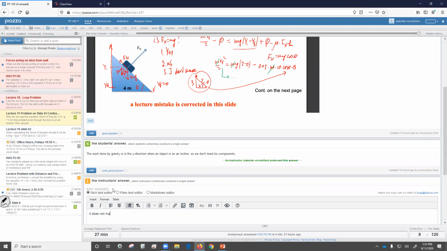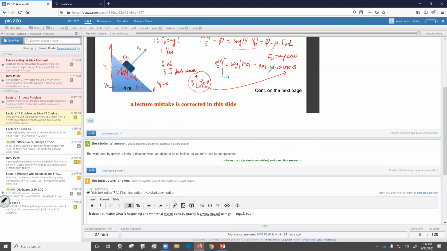It does not matter what is happening; work done by gravity is always equal to mg y initial minus mg y final.